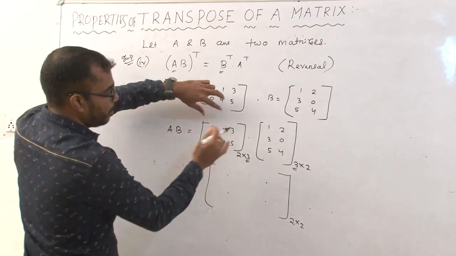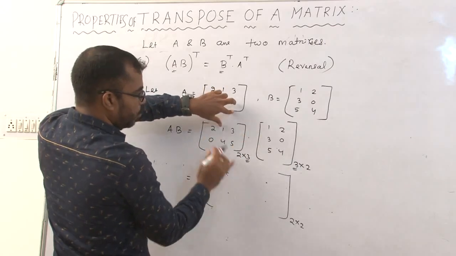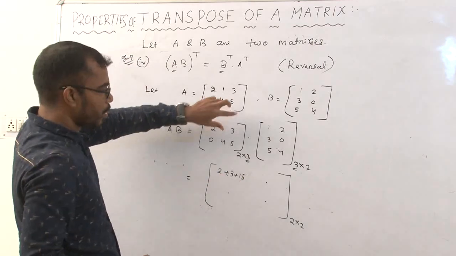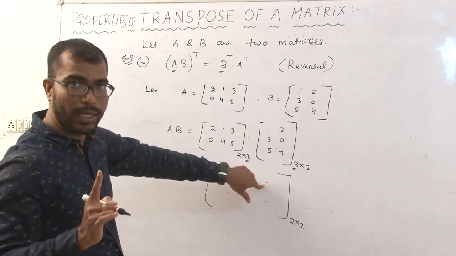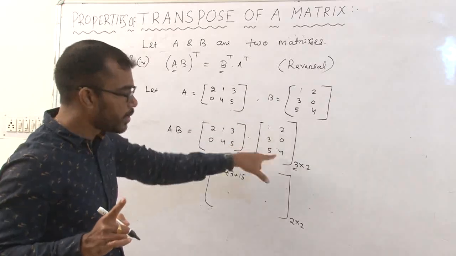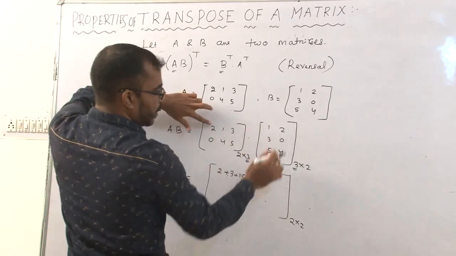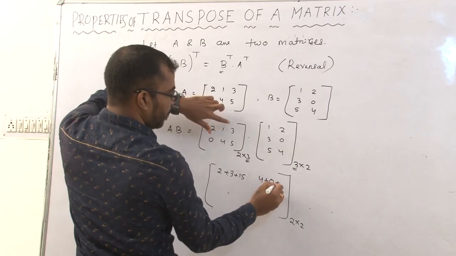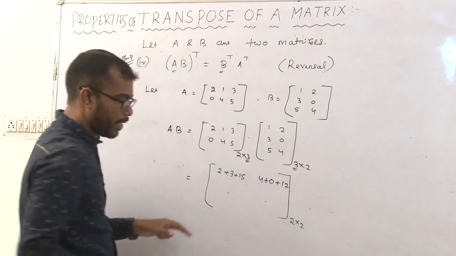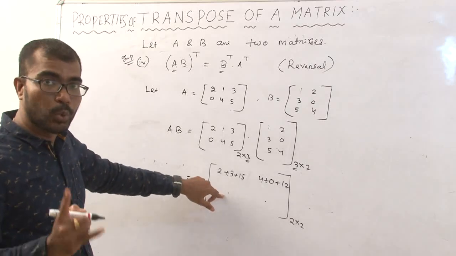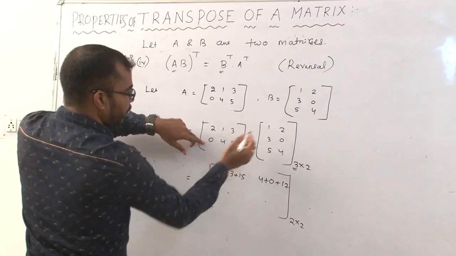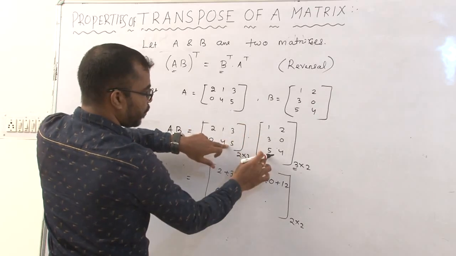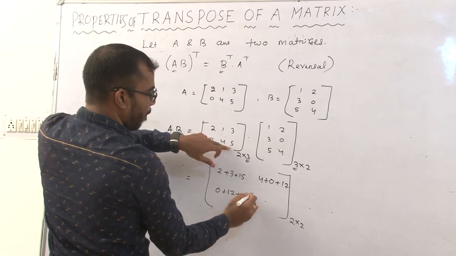So we multiply 2 into 1 is 2, plus 1 into 3 is 3, plus 3 into 5, that is 15. The position of A12 means first row and second column: 2 into 2 is 4, plus 1 into 0 is 0, plus 3 into 4 is 12. Similarly, for A21, 0 into 1 is 0, plus 12, plus 5 into 5, that is 25.